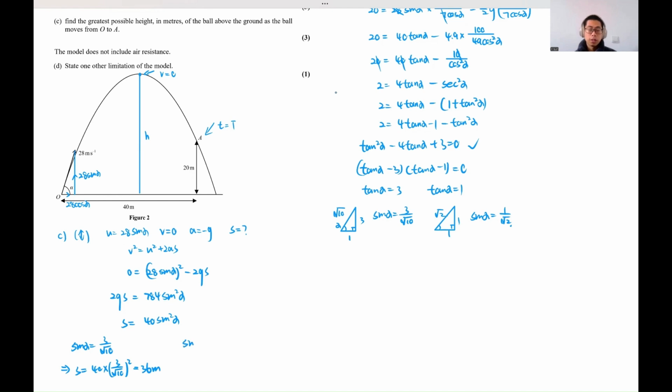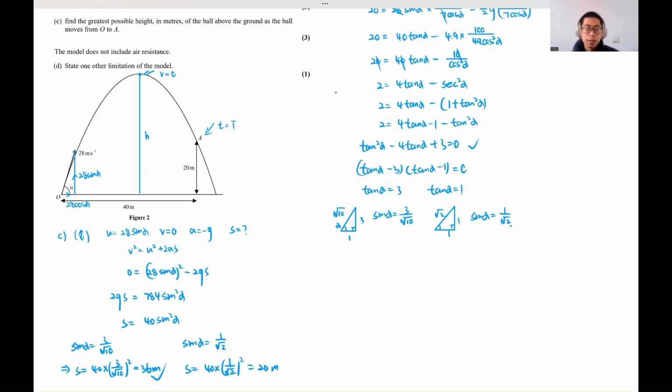And then if sine alpha equal to 1 over root 2, then s is equal to 40 times 1 over root 2 squared, which is equal to 20. So obviously this is bigger. So the greatest possible height above the ground would be 36 meters.